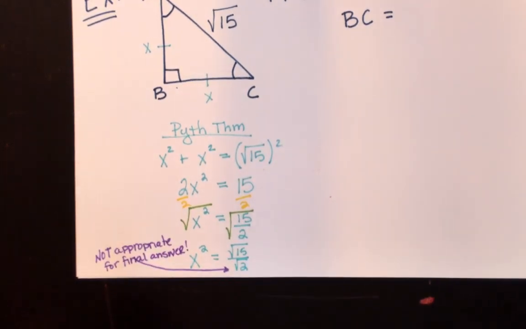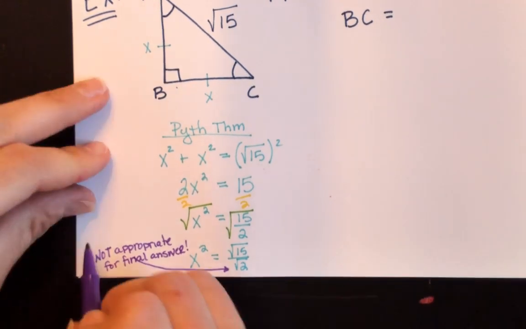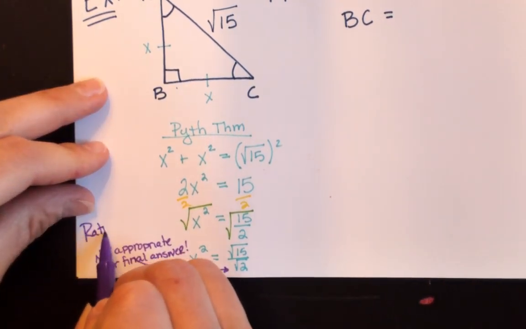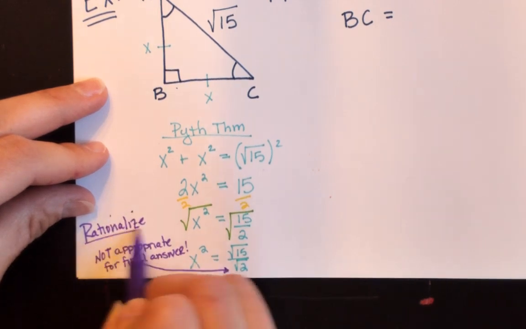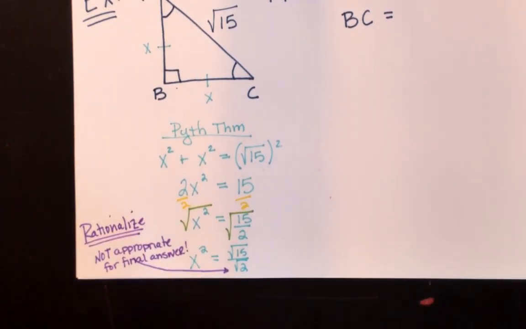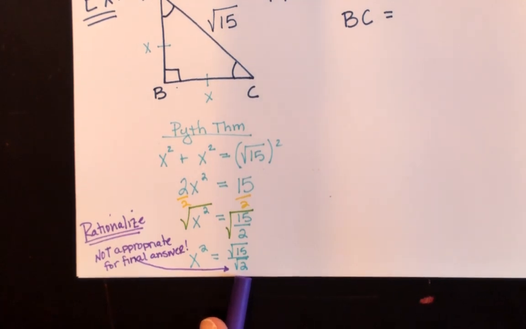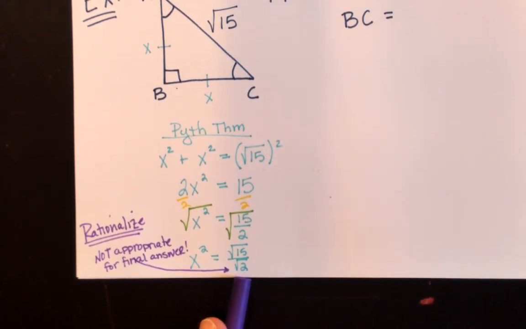We must rationalize. And we did worksheets at the beginning of the year, and we're talking September. When we rationalize, we want to make that bottom number a perfect square, which means the closest perfect square to 2 is the number 4, because 2 times 2 is 4.